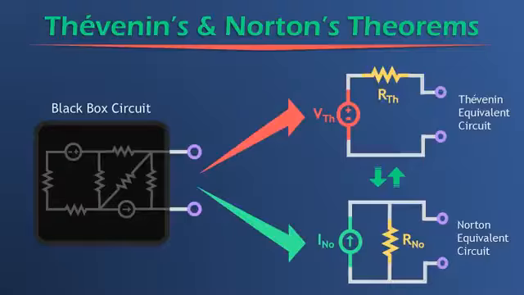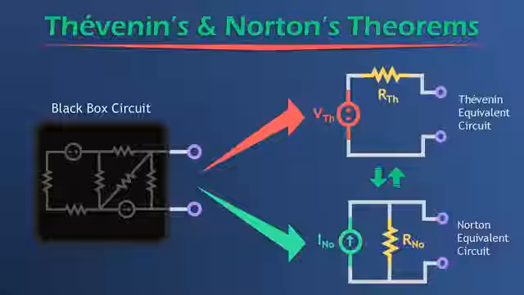You may know the components and you may know the schematic for the black box circuit, but you don't really care about them because all you care about is how the black box interacts with the outside world. What are its inputs and outputs like? So you can reduce a super complex circuit to just one source and one resistor. And that's all you need to describe the behavior of one of these circuits.